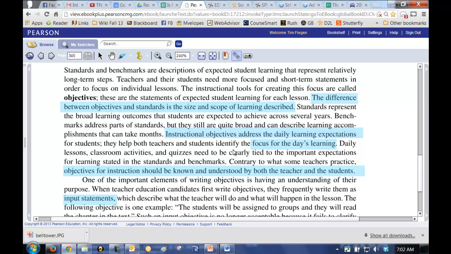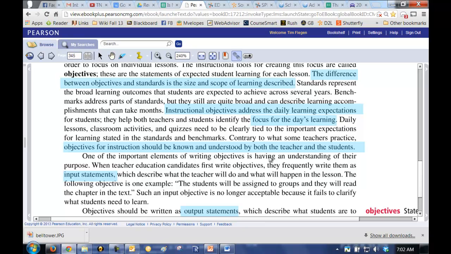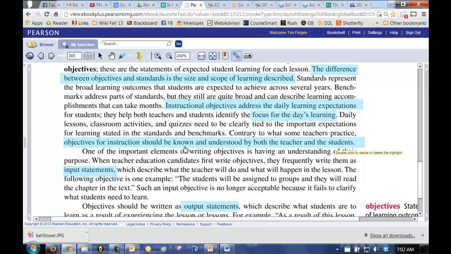What is it they're to learn today? It's a daily focus. Often we come to observe you as a student teacher, and we'll want to know what your instructional objectives are for that lesson, that day you're teaching. They have to be closely tied to the expectations and to standards and benchmarks, but you have to have something to.